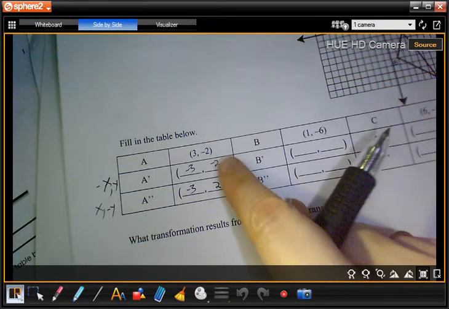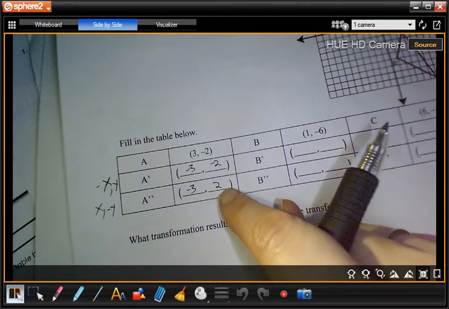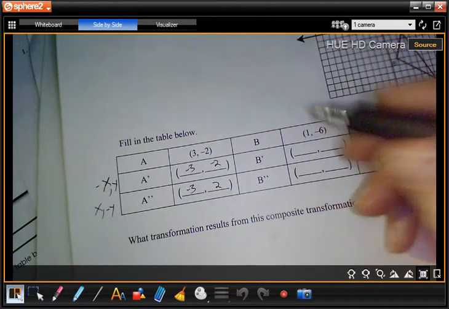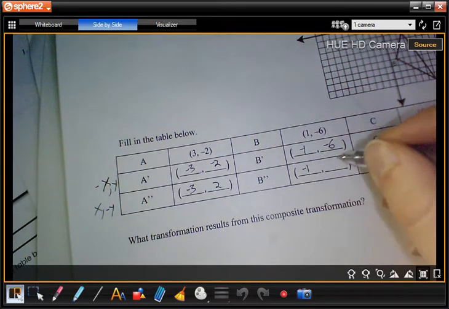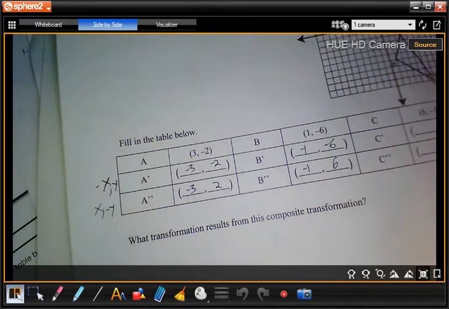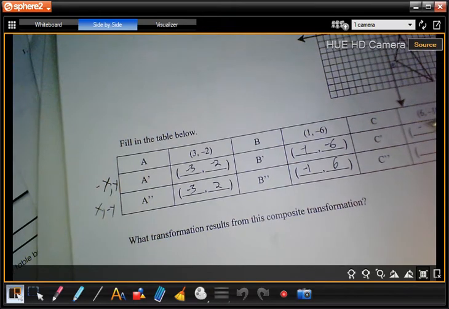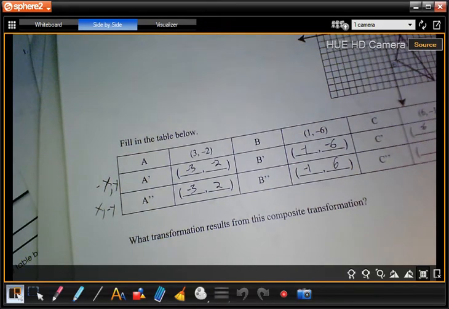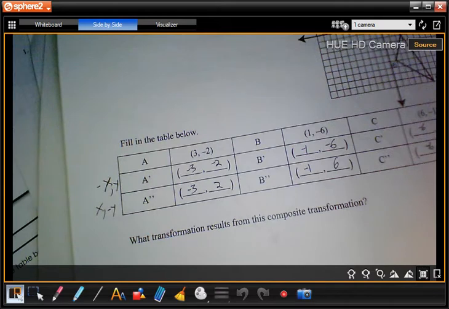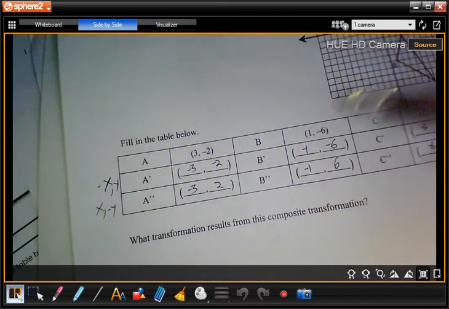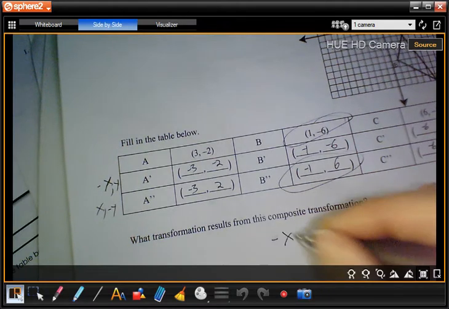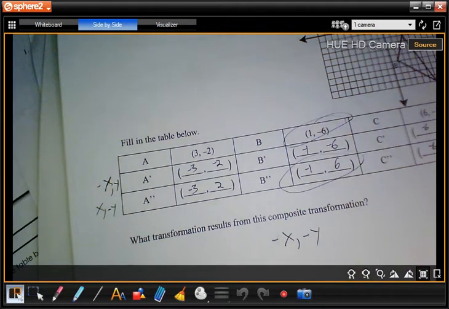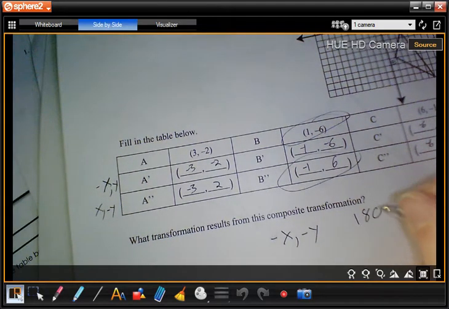Instead of 1, negative 6, it's negative 1, negative 6. Then it becomes negative 1, 6. It's 6, negative 10 becomes negative 6, negative 10. Then it becomes negative 6, 10. If I want to go from the top to the bottom and skip the middle, it goes negative x, negative y, and that is a 180-degree rotation.